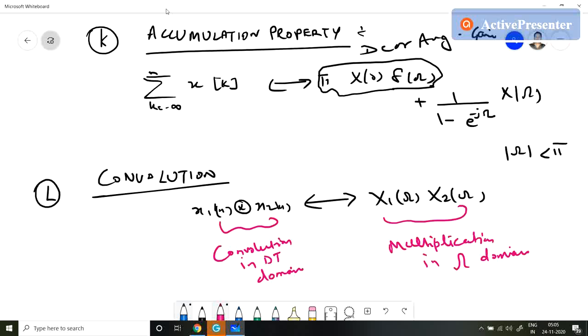Just like in the case of the Z transform, this convolution property plays an important role in the study of discrete time LTI systems.